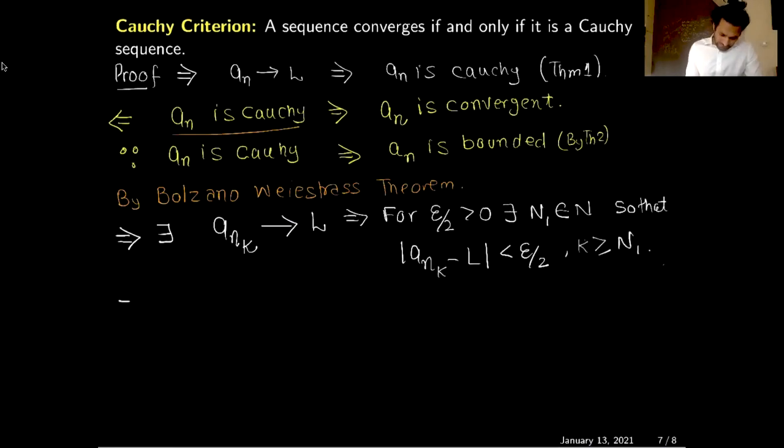So this also implies this inequality holds for every k bigger than n1. I'm going to fix k now, so I choose k equal to n1. So this inequality will hold for the fixed value k bigger than or equal to n1.